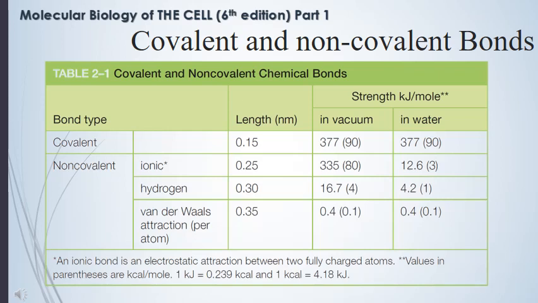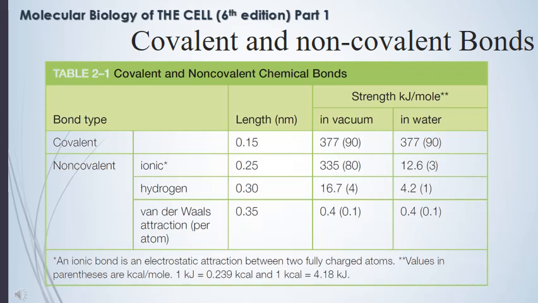And here you can see that we have covalent bonds of strength up to 377 kilojoules per mole in both vacuum and water. What does that mean? Well, if you take a graphene layer, for example, which is a chain of carbon-carbon bonds, if we submerge it in water or in a vacuum, those bonds between carbons are not going to change. And you'll see why this is important.